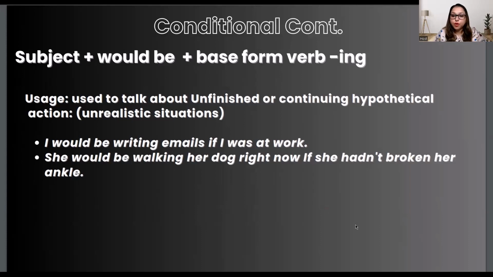Unfinished or continuing hypothetical action, which is not happening. She would be walking her dog right now if she hadn't broken her ankle. Well, she isn't because she has broken her ankle. So, conditional continuous.